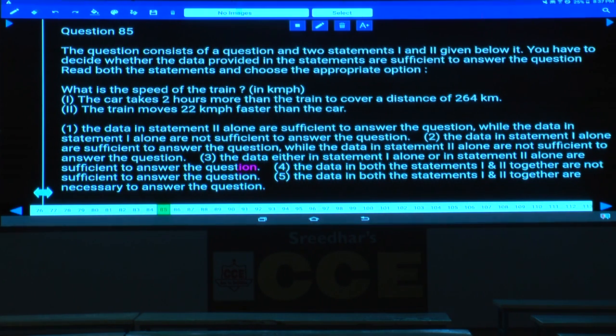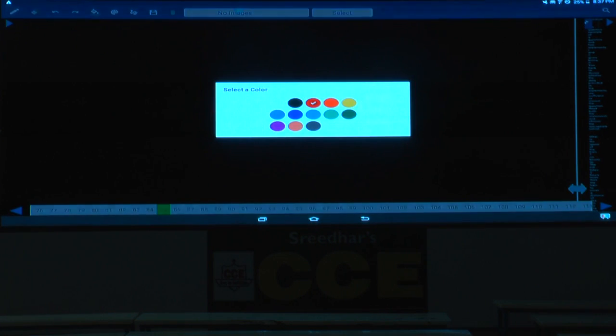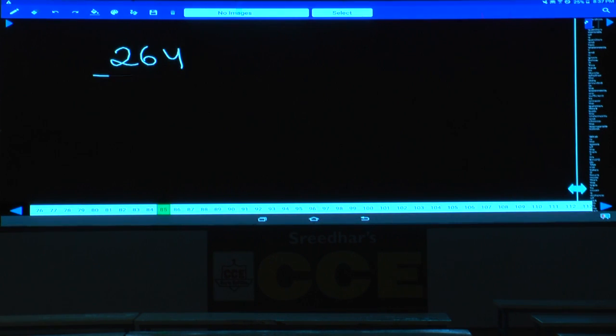Yes. Now, to cover 264 kilometers with a speed x km per hour, the time taken by the car is 264 by x.